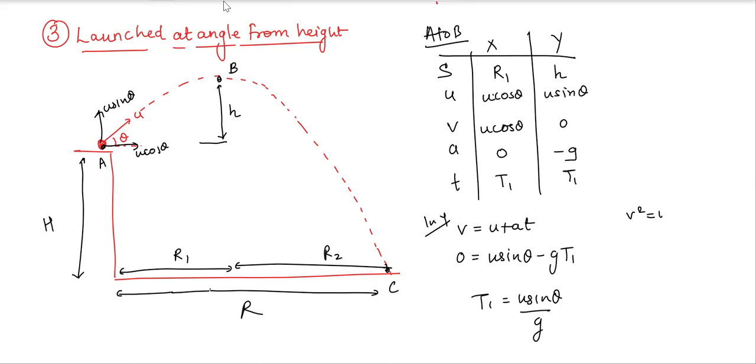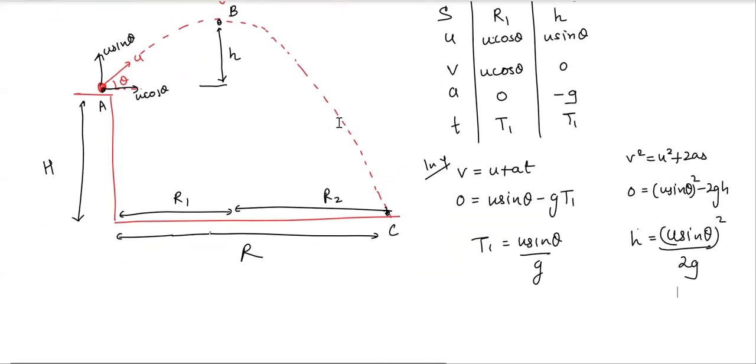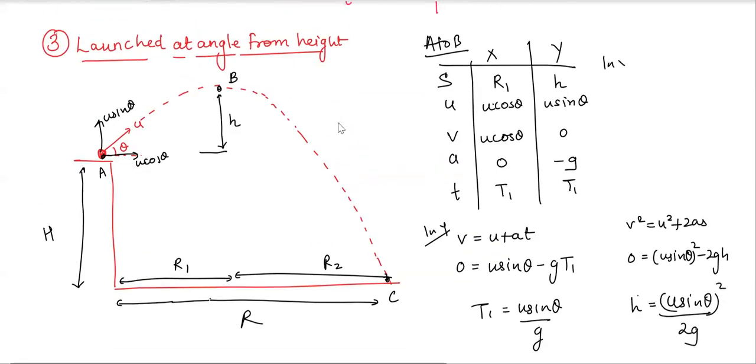Similarly, if I use v square equals u square plus 2as, like the previous problem, I will get 0 equals u sine theta square minus 2gh. So from that, I can get h is equal to u sine theta square upon 2g. Now I can substitute this in x direction also.